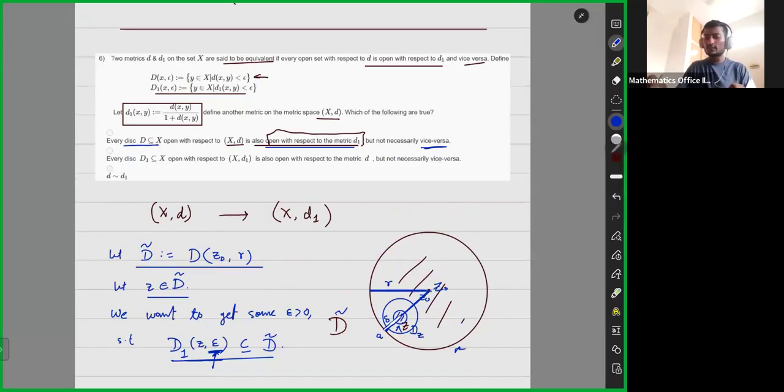So we showed that this ball is open with respect to D1, and just as D1 is defined in terms of D, D can be defined in terms of D1. So the vice versa condition holds, and the balls here are open in the other space. We are changing the metric, but the topologies are equivalent. So the first two options are incorrect, and the third option is correct.